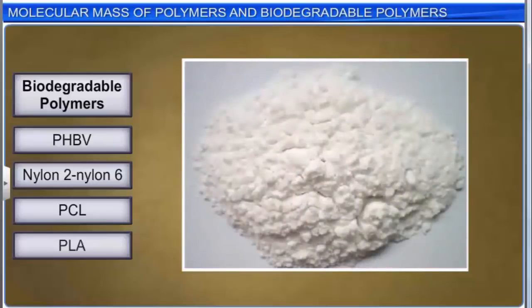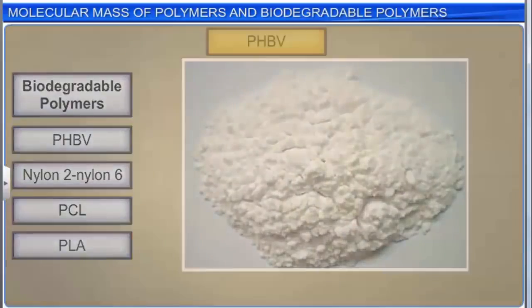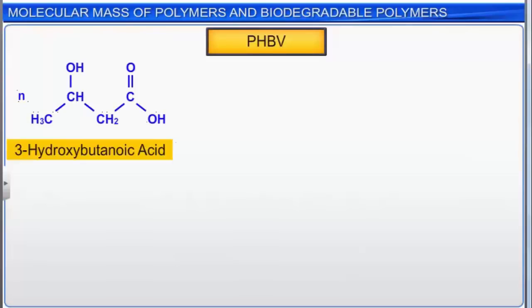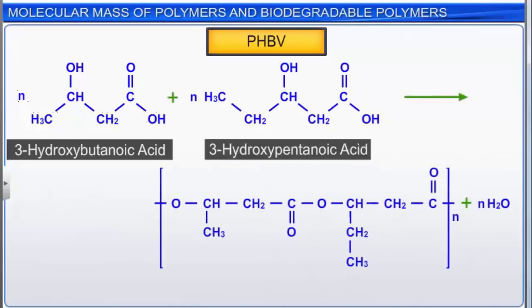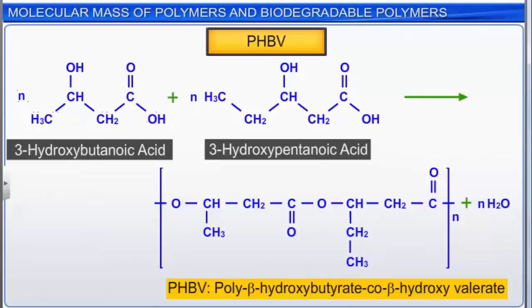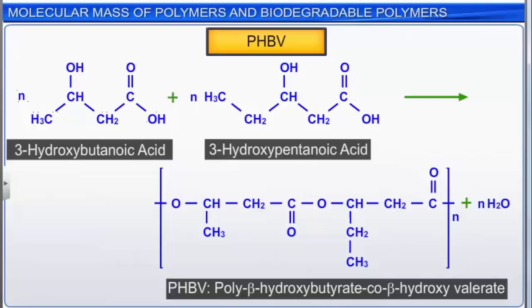The copolymerization of 3-hydroxybutanoic acid and 3-hydroxypentanoic acid forms a synthetic biodegradable polymer PHBV, poly-beta-hydroxybutyrate-co-beta-hydroxyvalerate. Notice the ester linkage in the repeating unit of PHBV.